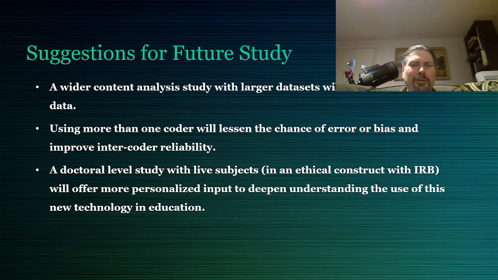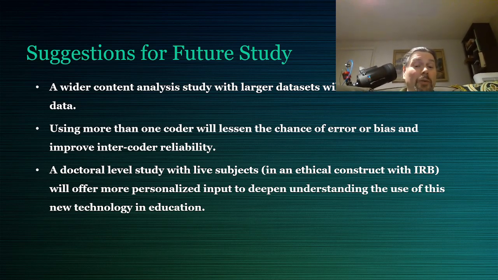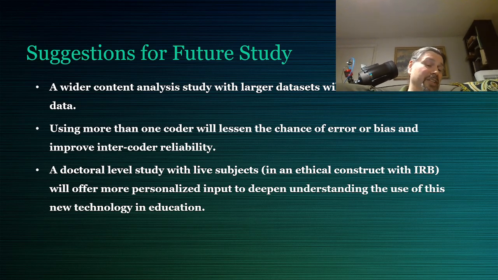Using multiple coders, you can lessen the chance of error, with better intercoder reliability. And then maybe later a doctoral level study with live subjects, which would have to go through IRB and be done in an ethical manner. That'll be a more personalized input, and a deeper understanding of technology and education.